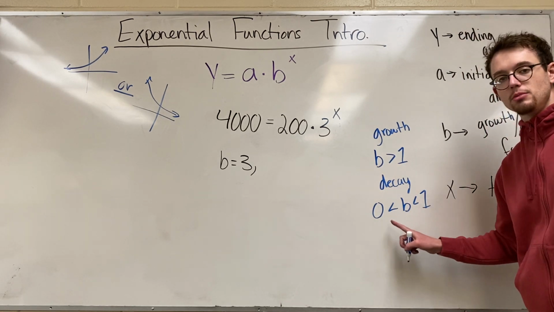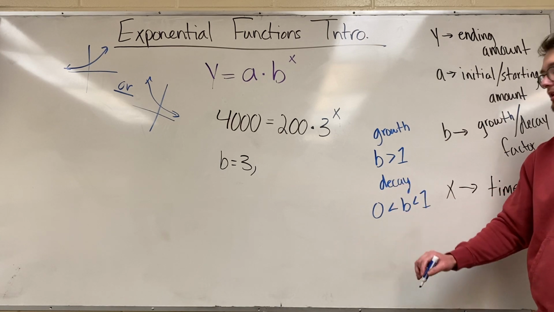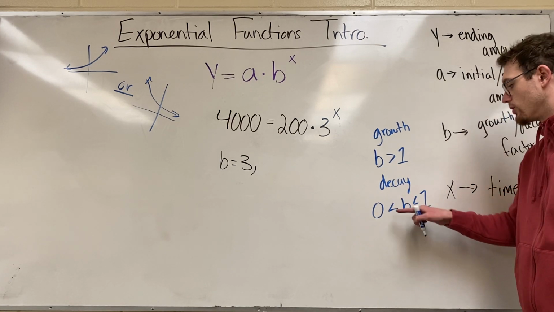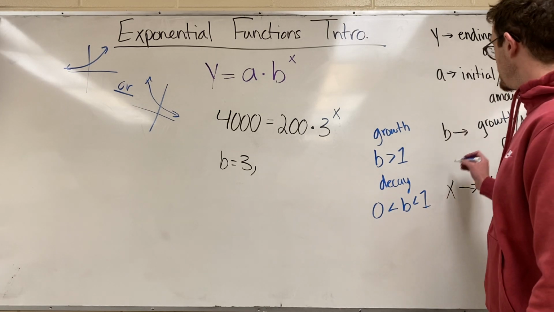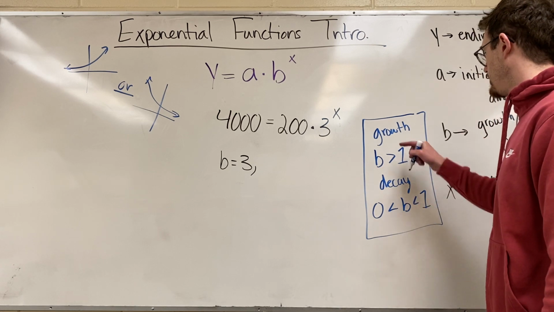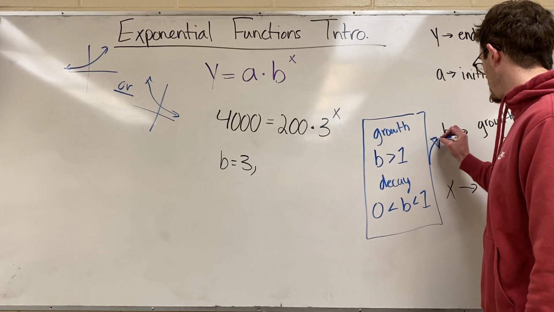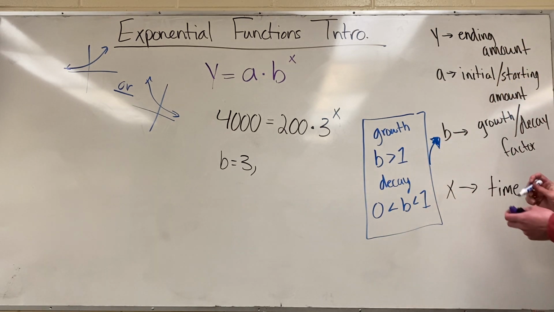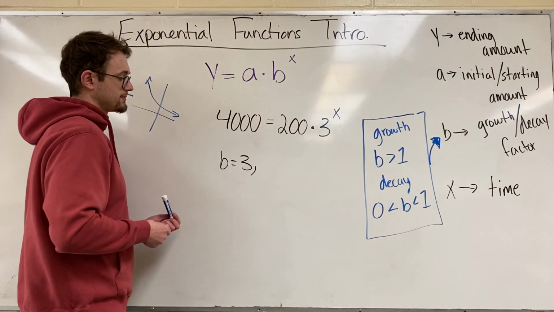So 0.1, 0.2, 0.3, 0.4, 0.5, all the way up to 0.9999. If it is less than 1 or greater than 0, in between this interval, decay, growth. So that goes to that guy. All right. So 3 is greater than 1. So this would be growth.